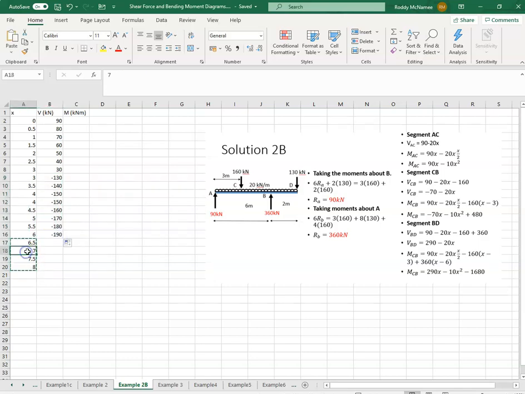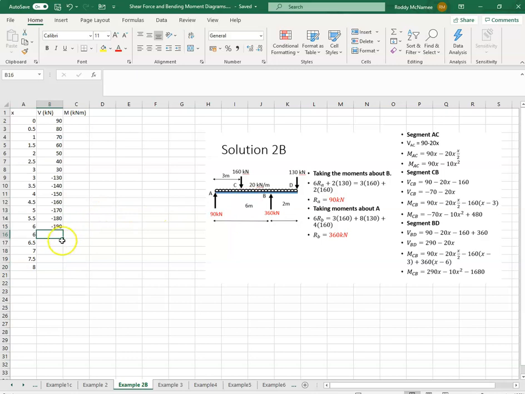Control X. And we can get rid of that. So 3, and then it changes here at 6, yeah.